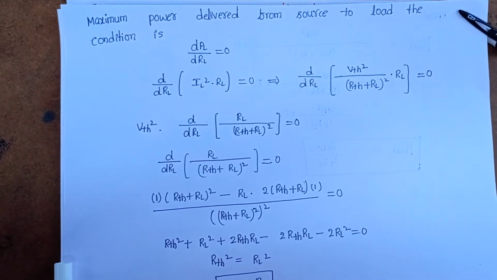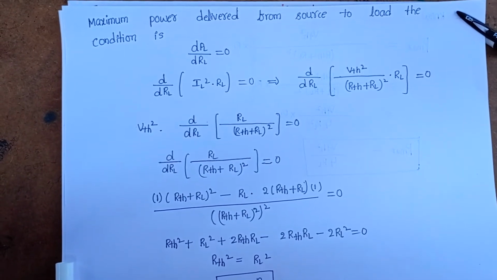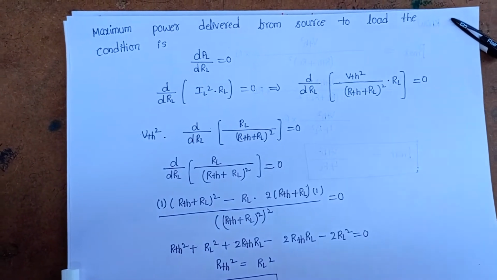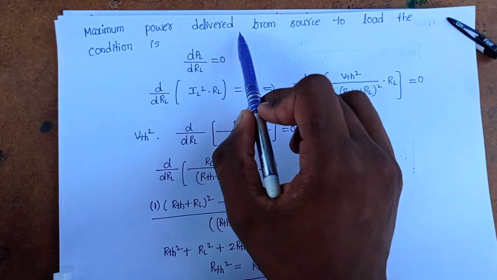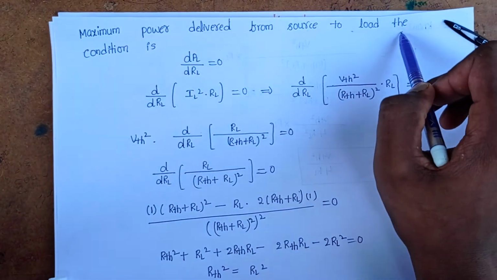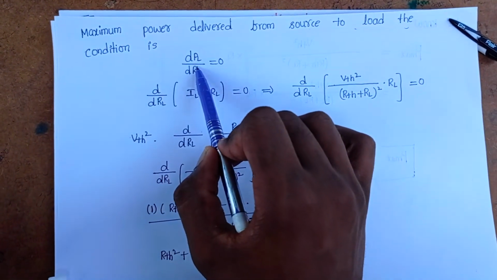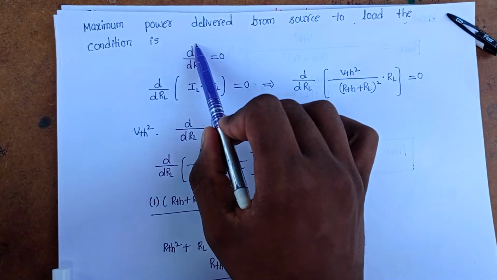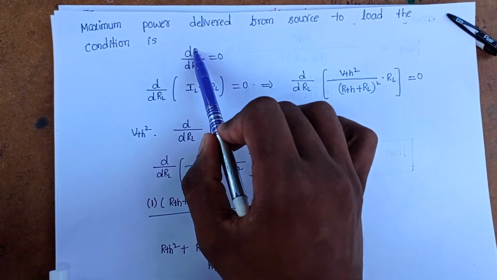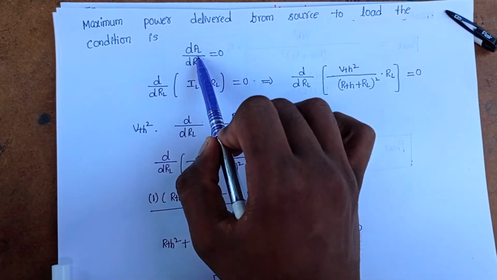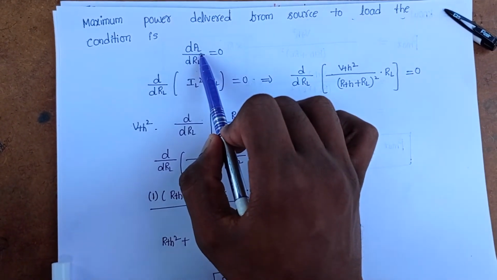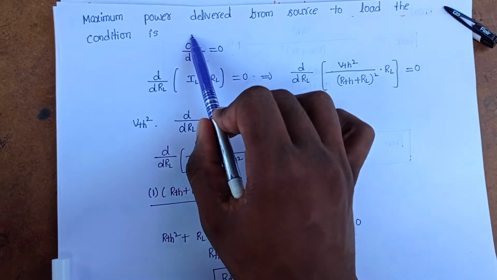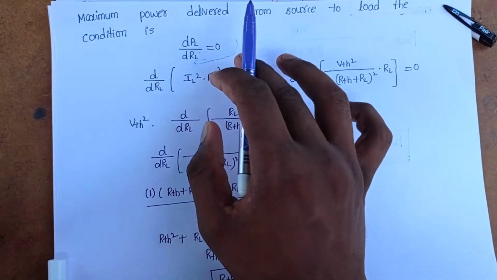Here we have one condition for transferring maximum power from source to load. The condition is d by dRL of PL, where PL is the power at the load. We simply differentiate the power at the load with respect to the load resistance and equate it to 0. This is the condition for the maximum power transfer theorem.